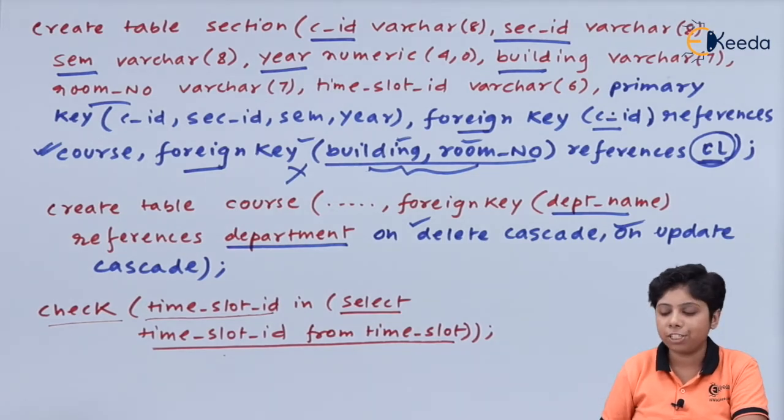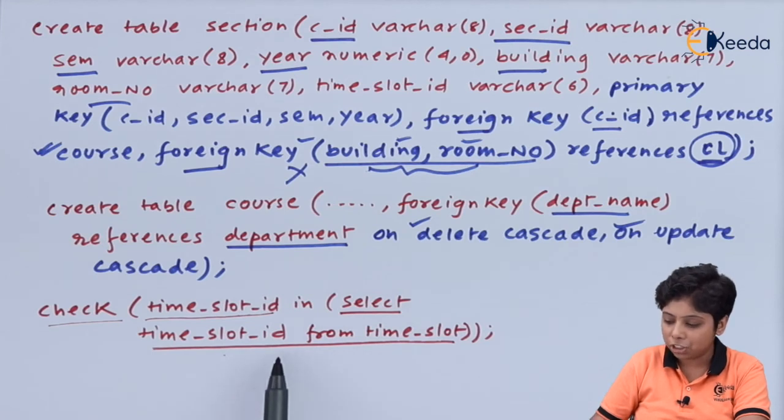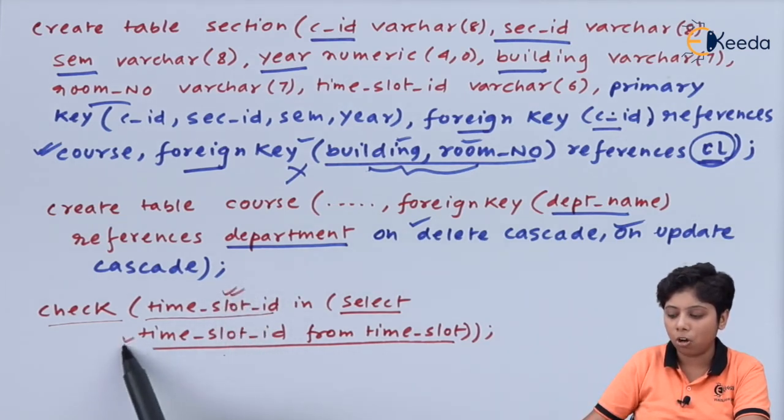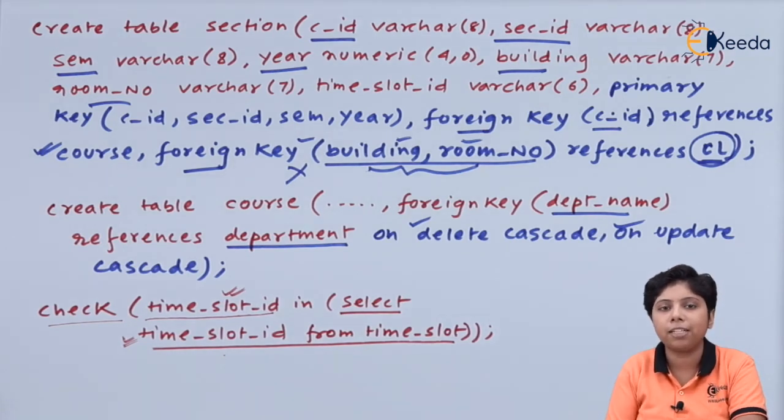So first I fetch all the time slot IDs from the time slot relation and then check that the time slot ID belongs only to those time slot IDs. In this way we can make the complex check constraint.